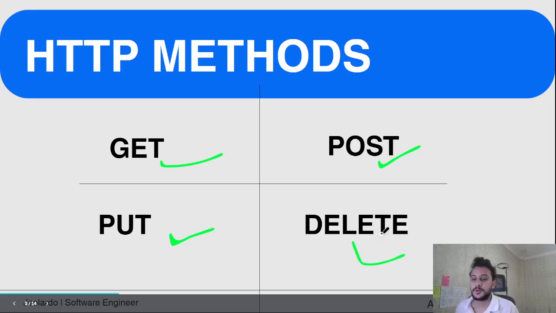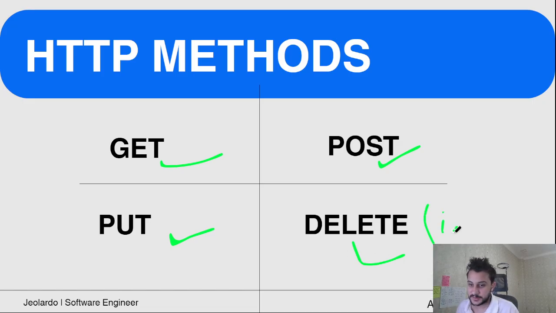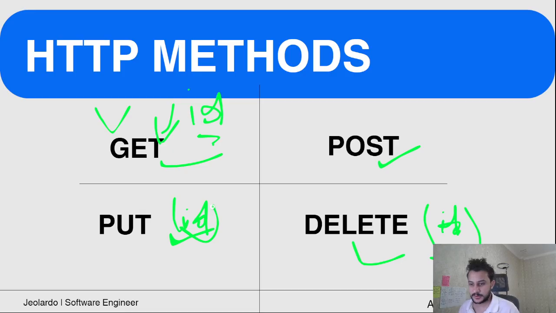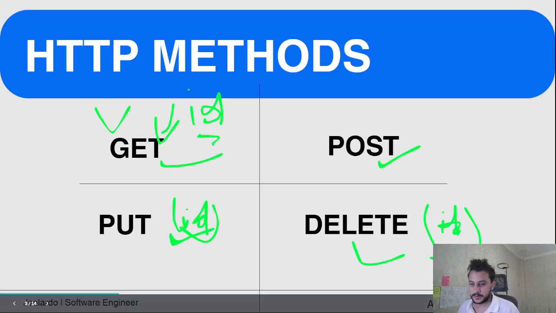And if you want to destroy, delete, or remove a product, you can use delete. So these require, as we see, the ID, and also this one, if you want to get a single product. A single product should require an ID to get the specific product. Okay, so these are the most popular HTTP methods used in a RESTful API.